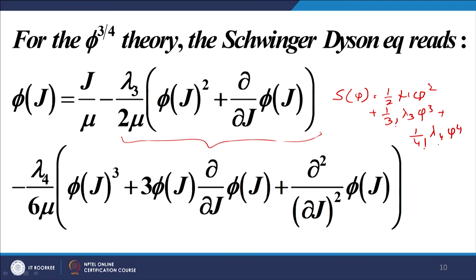So, there are two interaction terms, one involving lambda 3 and the other lambda 4. These are the coupling constants, and of course, mu is the parameter for the free field.